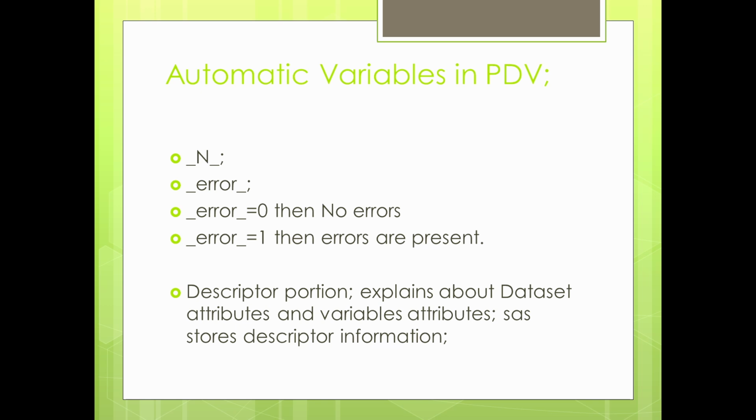N indicates the number of the iteration. For example, if _N_ equals 2, it is the second observation. At the same time, if _ERROR_ equals 0, it's an indication that the SAS program has no errors. If it is 1, then it indicates that errors are present in the program.